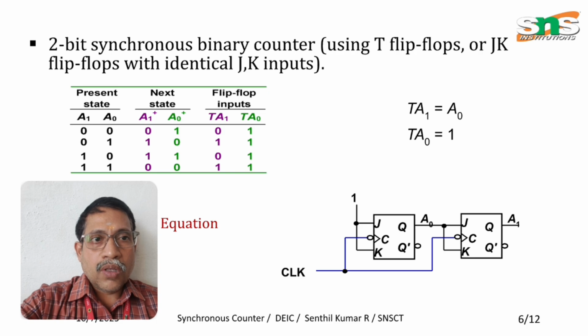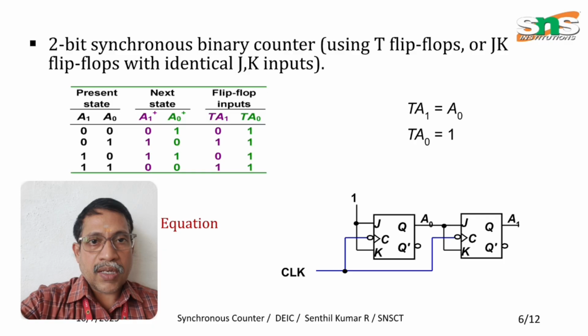Therefore, the output of the first flip-flop, which is nothing but A0, also called Q0, is given to the input of the second flip-flop as J and K.